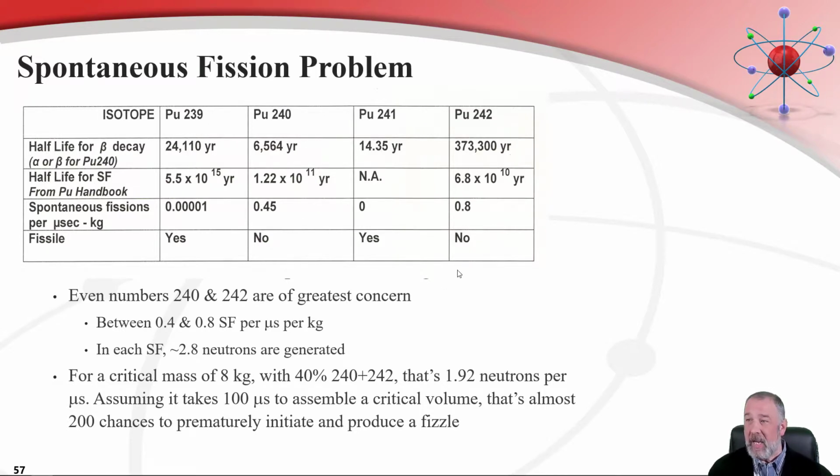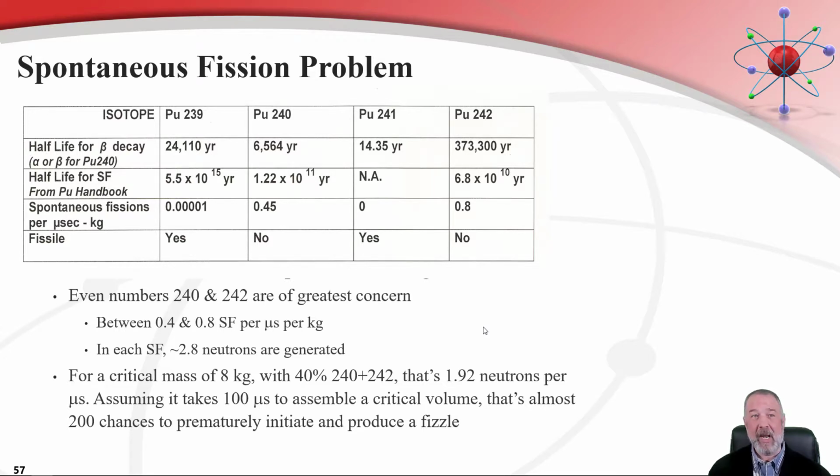Okay. If we look at putting it all together, we see that we get about 2.8 neutrons per spontaneous fission. In this particular case, for 240, we get 0.45 spontaneous fission. So we get about 1 neutron per microsecond per kilogram of material. And then we see here with plutonium-242, we get about 2 neutrons per microsecond per kilogram of material. So what does that mean?